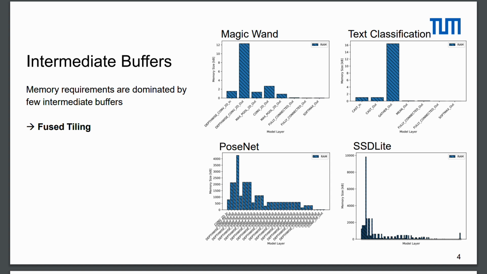And you will note that there are these peaks for very few layers or even just a single layer that require a lot of working memory to store these activations. So one way to tackle this problem is to do this computation in a tiled fashion and then fuse operations to skip requiring these large buffers.